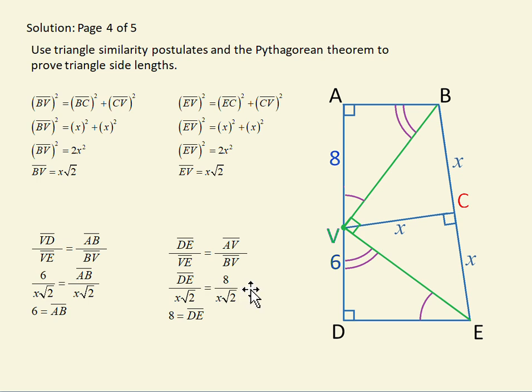And so we can find DE because DE over x square roots of 2 equals 8 over x square roots of 2. And so we solve for that, and it comes out that DE is 8. So the top is 6, AB is 6, the bottom DE is 8. So we found the pieces that we need to find the area of the trapezoid.